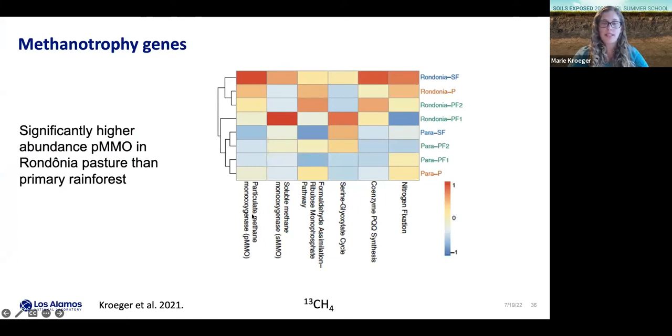The only one that did change was in Rondônia, where pasture, this orange color, was significantly higher than Rondônia's primary rainforest, although secondary rainforests did have the highest abundance of the particulate methane monooxygenase. But really, none of these were significant. So this is, again, not supporting what we expected, which was that the higher methane flux is due to decreased methanotroph activity.